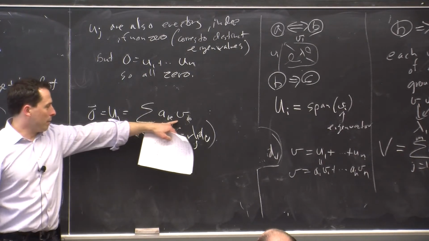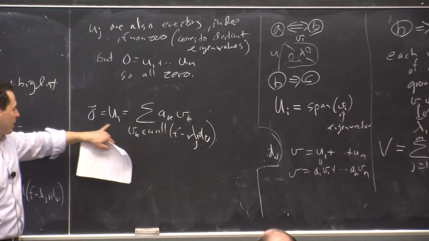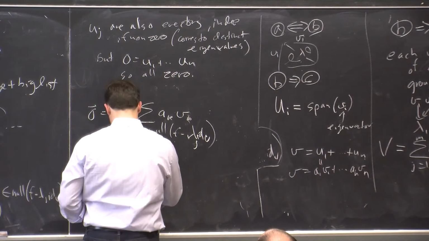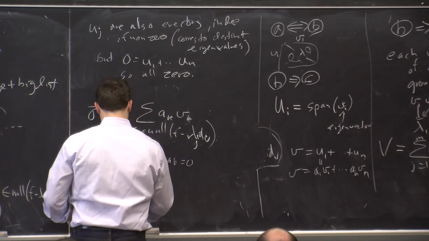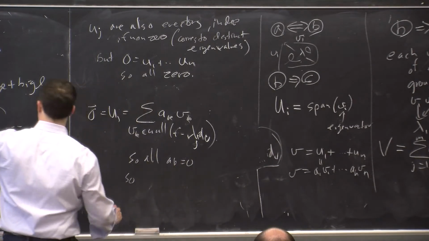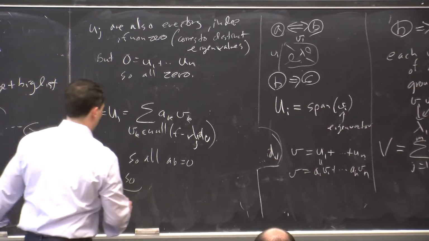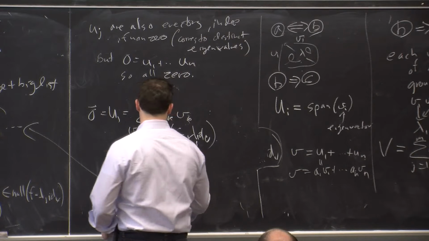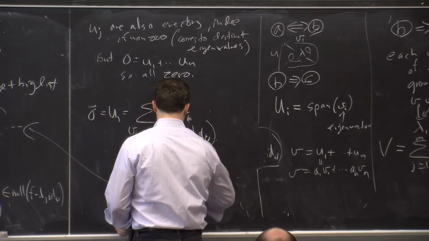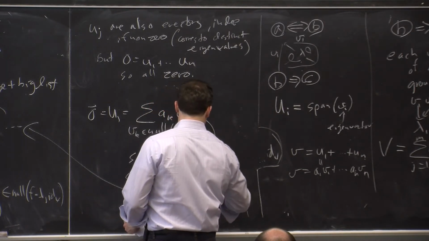So this is a linear combination of independent vectors which equals 0, so all the ak's are 0. And so the big concatenated list of the bases of all the null spaces is linearly independent and therefore a basis.